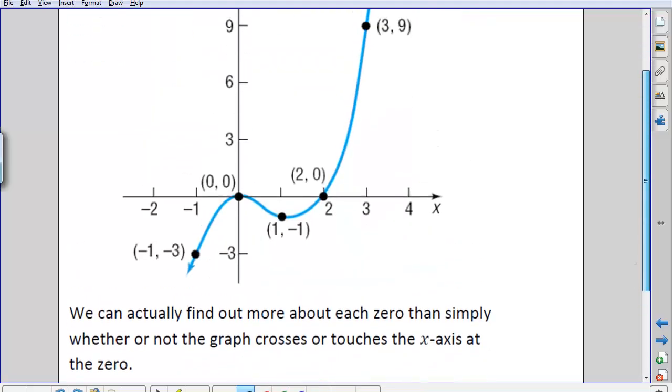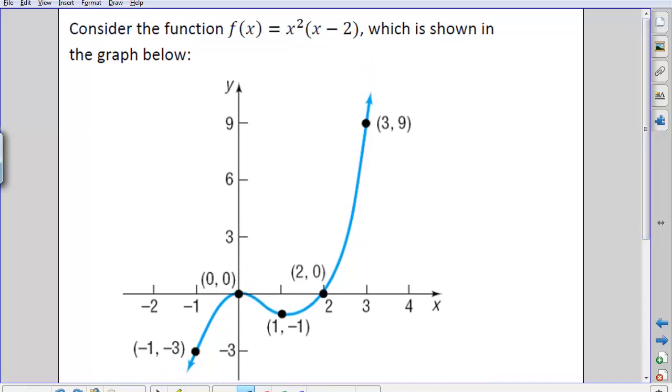And we can see this here, x squared times x minus 2. Now, if we have an x squared, isn't that the same as x minus 0 squared? So where would the root be at x minus 0 squared? That would be at 0, right? So that's what we have right here.